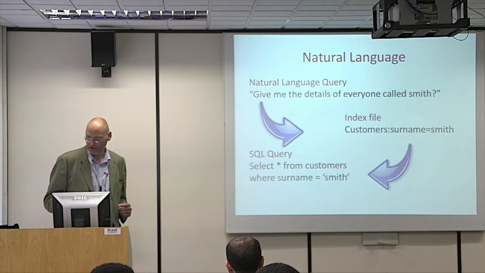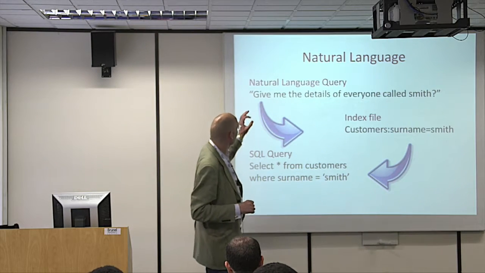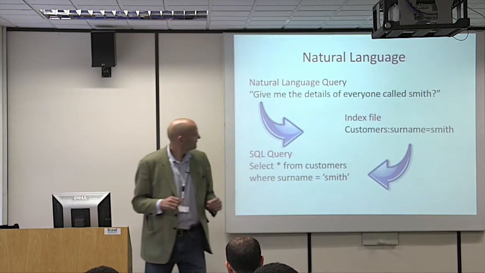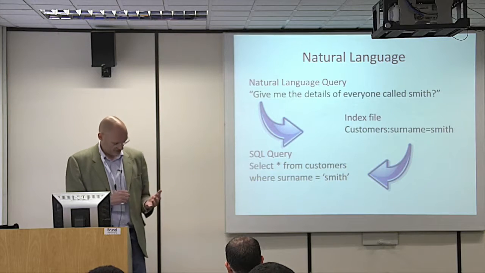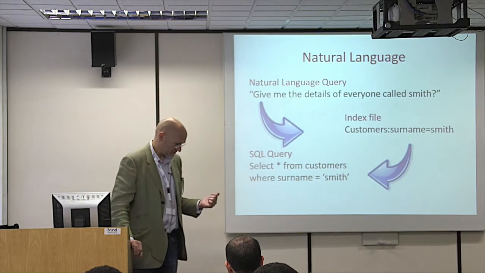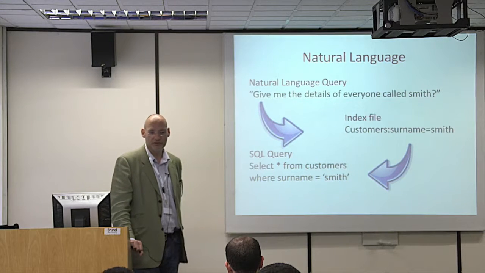And what I can then do is take the natural language query: give me the details of everyone called Smith. Now, that Smith's information may be held in about 5 different databases.